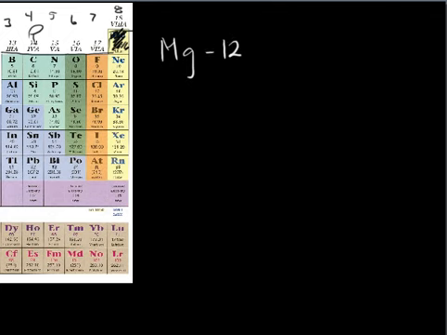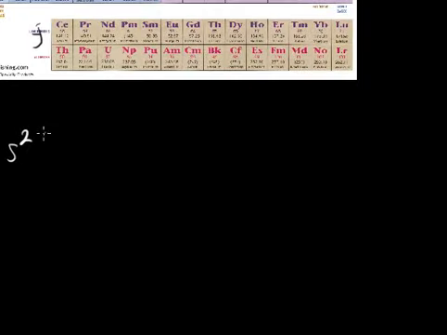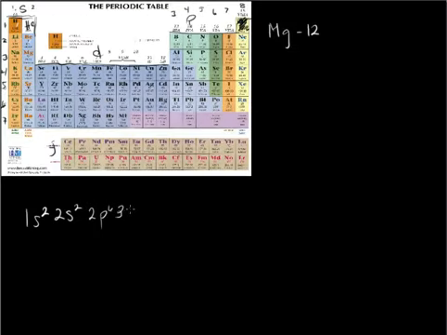Let's start off with 1s2, because you're filling up 1, 2. Then back down, 2s2. Then we're going to our P block, 2p6, because we're filling each one of these up for a total of 6, and back to our S block, 3s2.